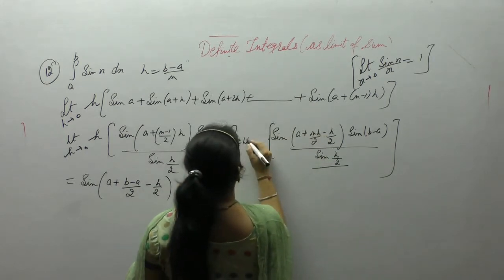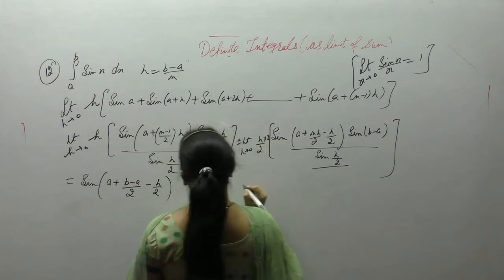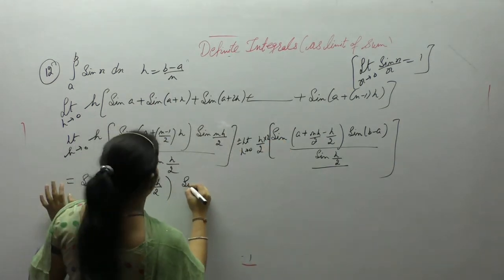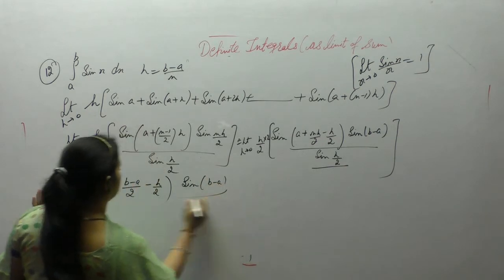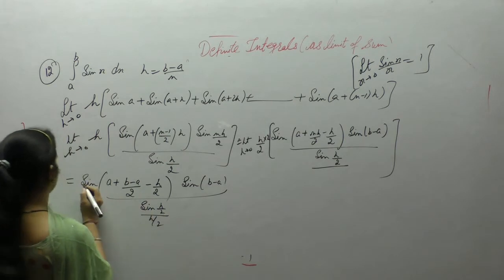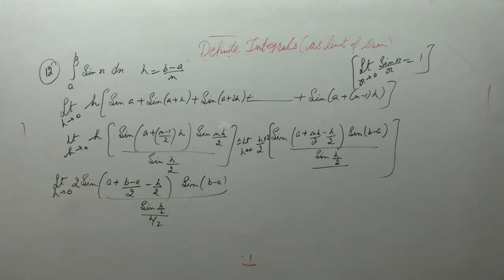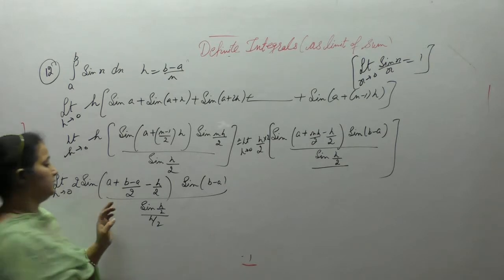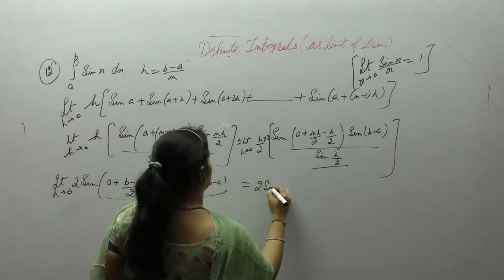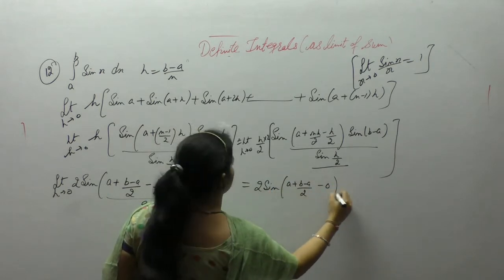Limit h tends to 0, sin b minus a by 2, sin h by 2 upon h by 2. Limit h tends to 0. Now put the limit h tends to 0 here. 2 sin of a plus b minus a upon 2, h is 0.